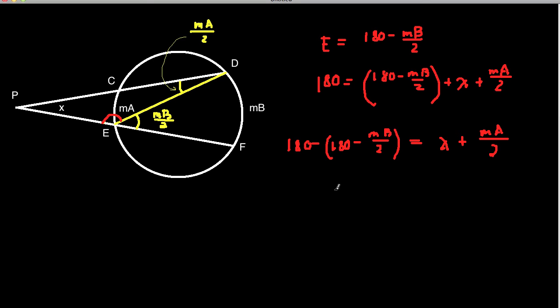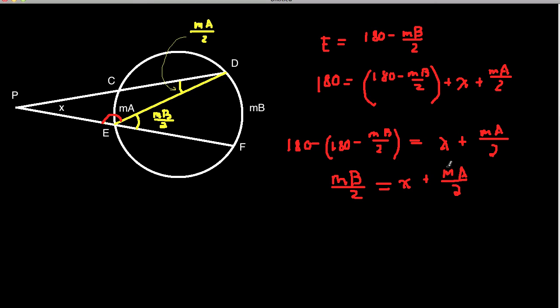So when I subtract this out, I get 180 minus 180 is 0. Then I'm left with measure of B divided by 2 equals the angle x plus measure of A divided by 2.